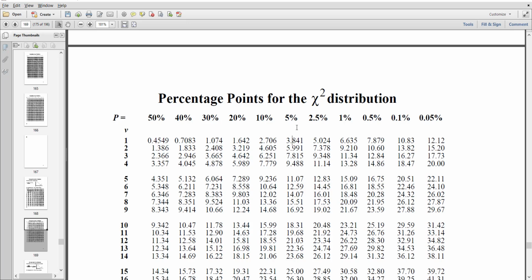Why did I reduce it? Because I want to make my test more stringent. So even if I have a test statistic which is less than 5.991 but more than 3.841, I'll still reject H naught. I'll say that the data does not conform to the given distribution. So reducing a degree of freedom reduces the acceptable test statistic value to conform with H naught. That is how we make the test more strict.